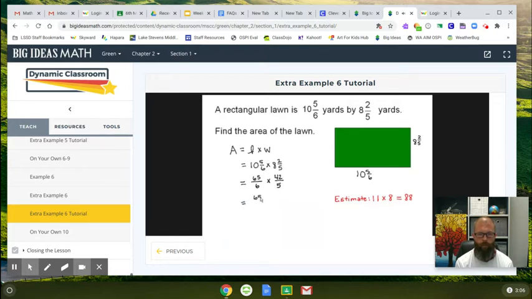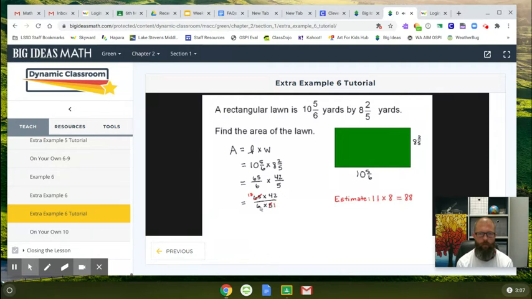So now we can simplify a little bit. We see a common factor of 5 in 65 and 5, so we'll divide out a 5 in the numerator and denominator. Then we also see 42 and 6 share a common factor of 6, so we can divide out a 6 and simplify the numerator and denominator.